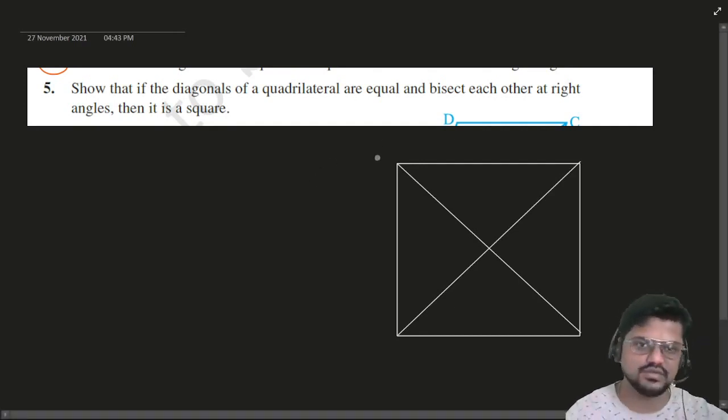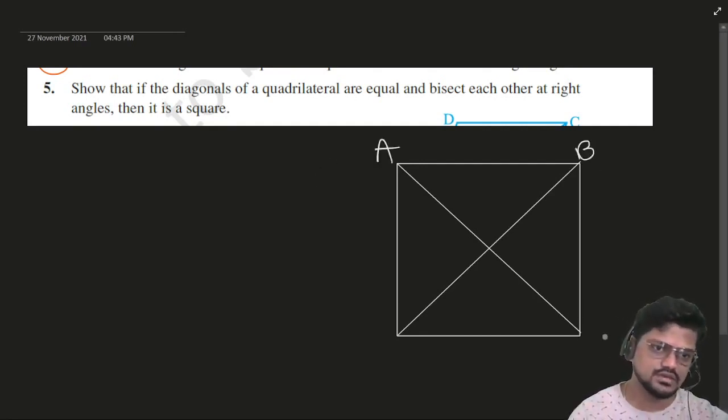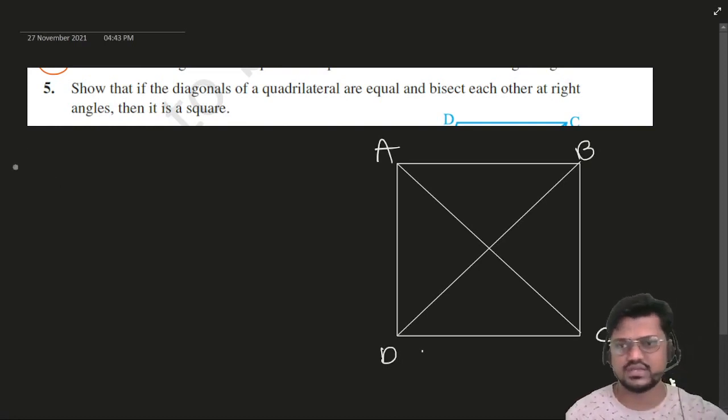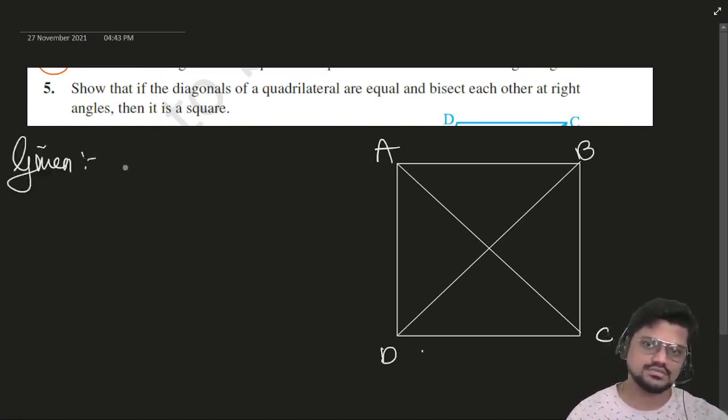Now what they have given in this, if this is A, B, C, and this is D, what is given? The given thing is AC equals BD.